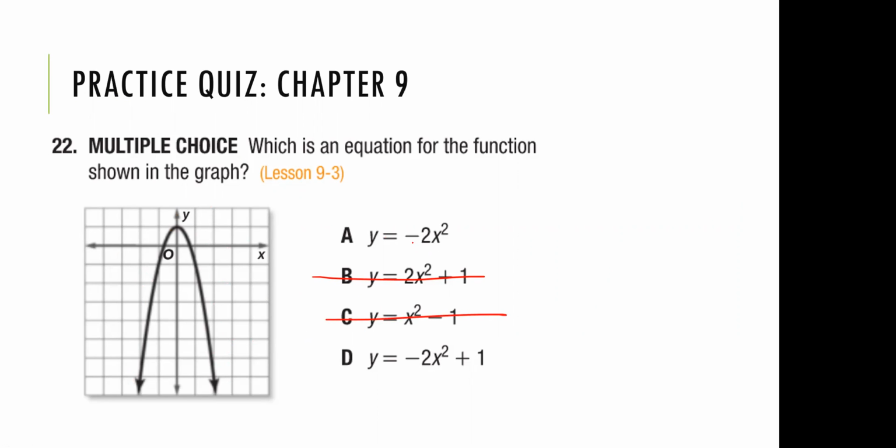So it can either be negative 2x squared or negative 2x squared plus 1. This plus 1, remember, is the k value. So this is moving the parabola up from the origin 1 space, which is right here. So this is going to be the equation. The other one is centered at the origin, which this graph is not.